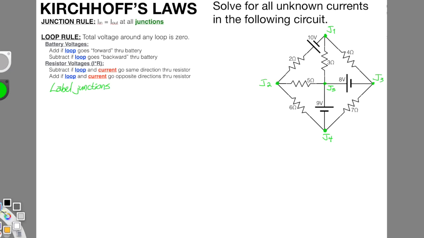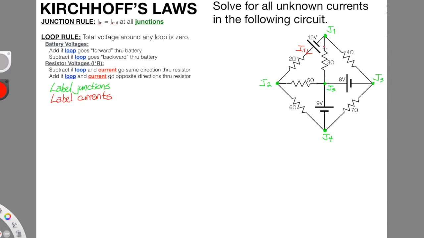And the next thing we need to do is label our currents. So we need to pick a direction for each of our currents, and it doesn't matter if they're wrong. We'll figure out how to fix that later, but you just need to pick one. For each separate section of wire between the junctions, you need to label a current, and it doesn't matter if they even make physical sense. So in this section of wire, I'm going to label current I1, traveling down and to the left.